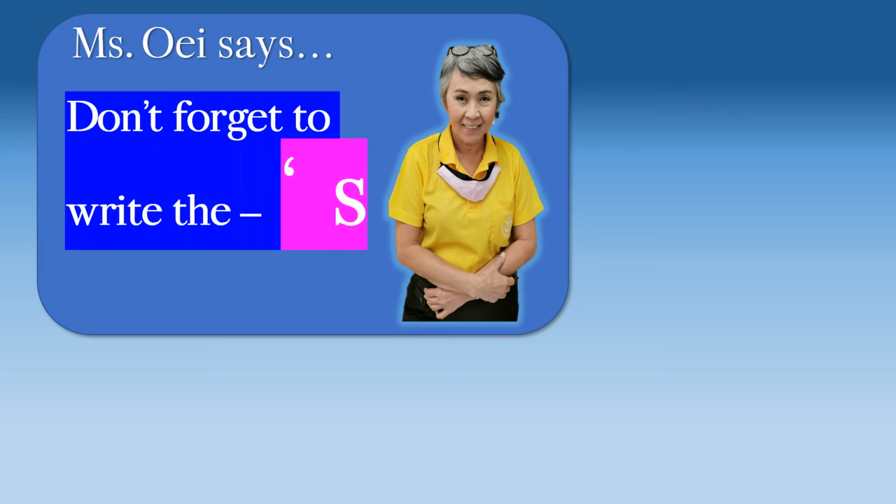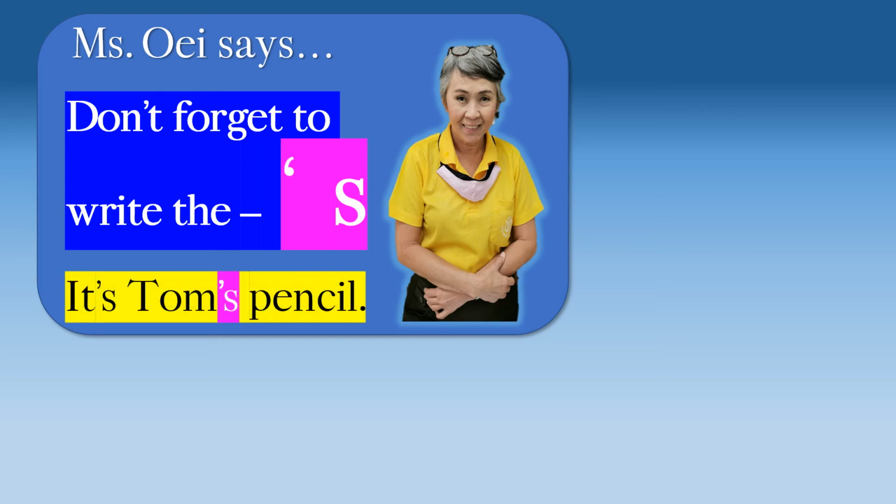What does Miss Oy say? She says, don't forget to write the apostrophe S when we are talking about something belonging to someone. So here we have it's. Now we know that it's is it is. Tom's. Now this apostrophe S means ของ Tom.